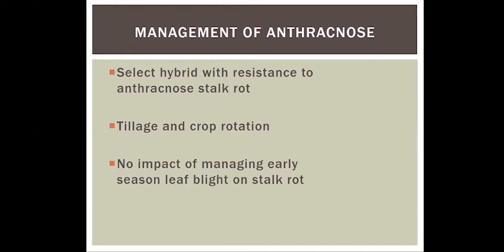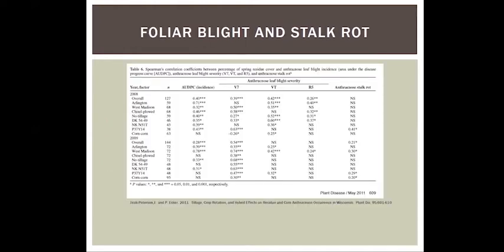One of the things to keep in mind, and I mentioned this earlier, is that managing early season leaf blight doesn't have any impact on stalk rot. To illustrate this point, this is a study from Dr. Esker. He's at Penn State now, but at this time Wisconsin was really lucky to have him.